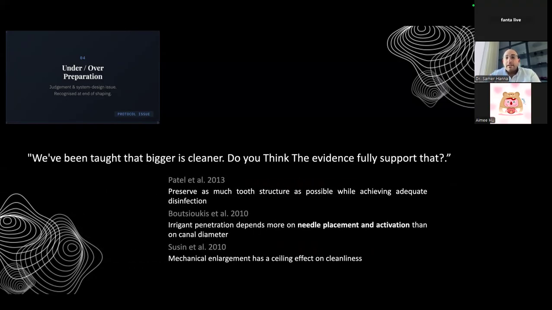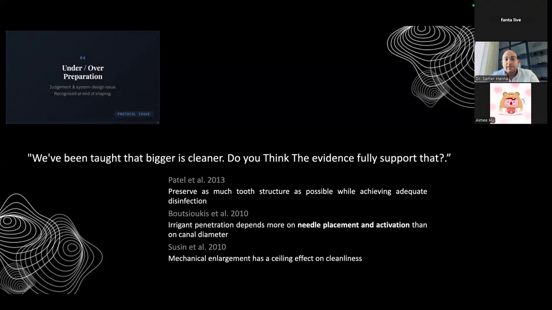The evidence also clearly states that bigger is not better. A lot of times they say when we look at the X-ray, if the GP looks very thin, it's defective, it's not big enough. So does this mean it's a failure or not? Well, the literature definitely disagrees with that.